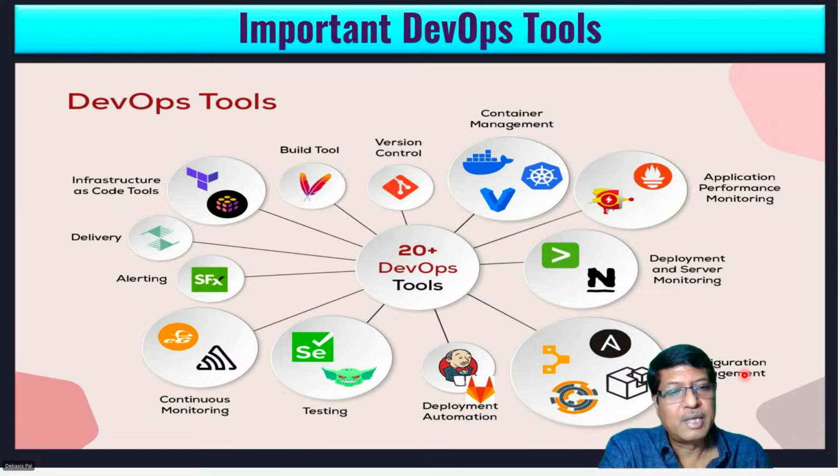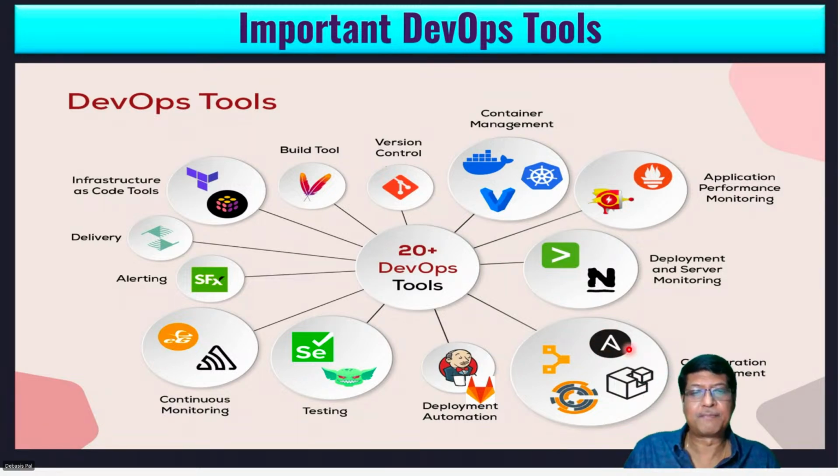But we teach configuration management tools, like the very important GitLab, and Git. You have Ansible. We do not teach Chef. Chef is much more difficult than Ansible. Ansible is much easier and much more popular and accepted in the industry.